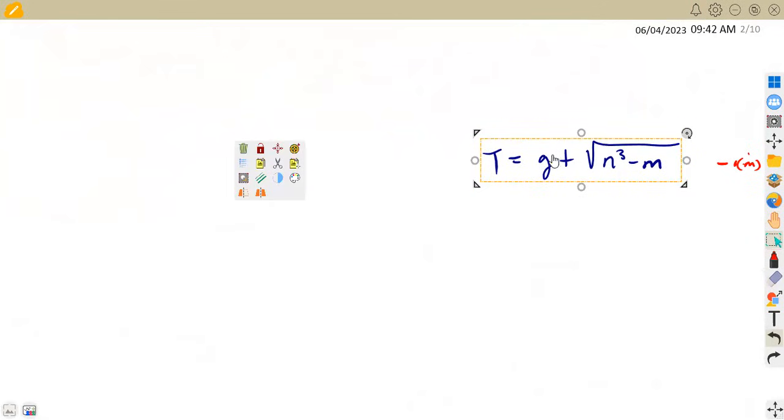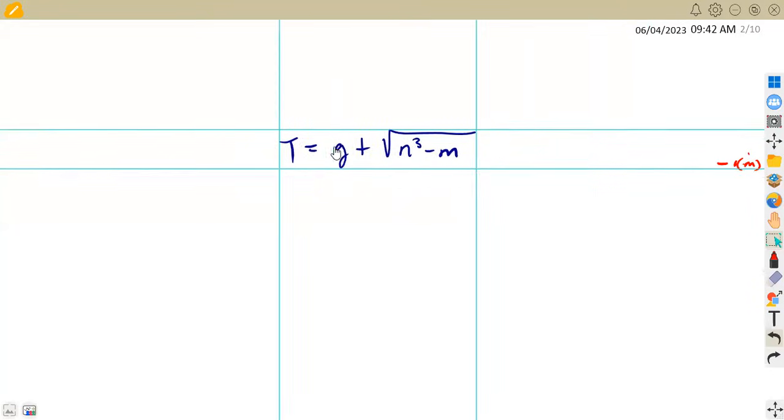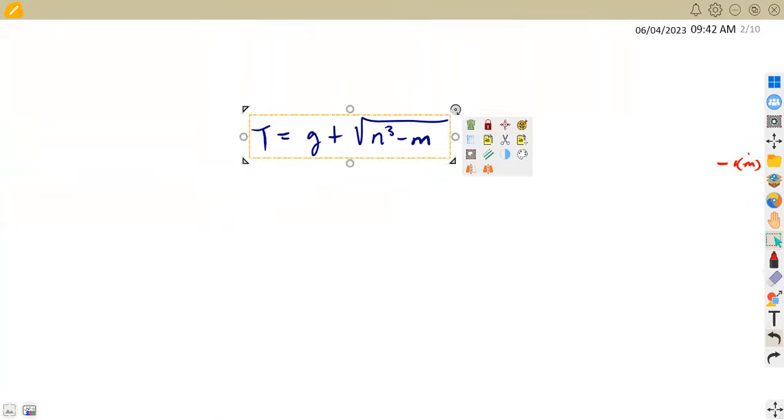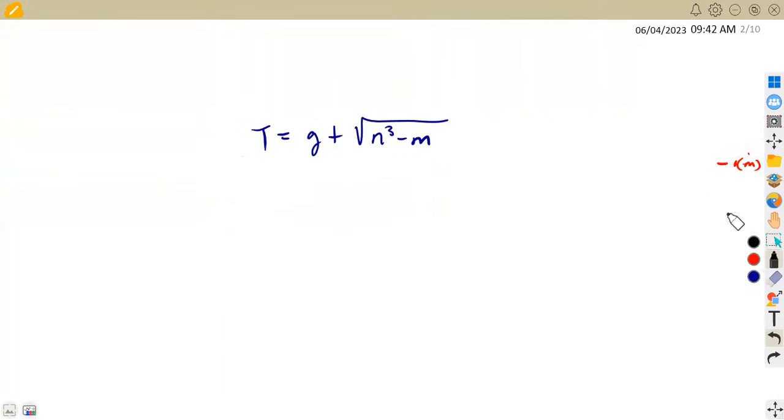All right, so let me just try to push it this side. If you have to take note here, we have got our m, which is actually inside the square root. But before that, there is a g that we have, which is being added to this square root. It's not inside the square root.